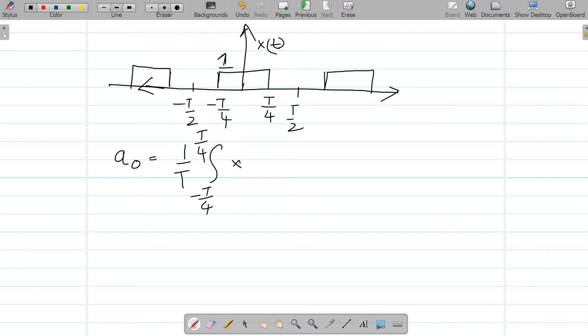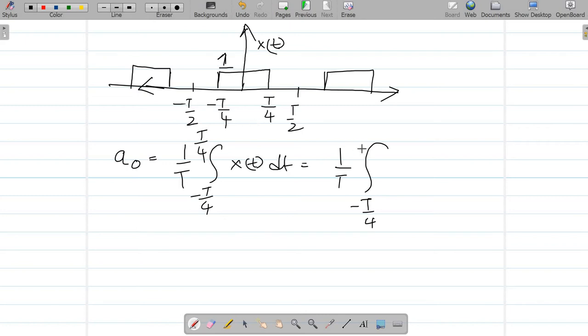So x of t dt, so this I can write as 1 by T, and I will put T by 4 because the signal is present only between negative T by 4 and positive T by 4. So I should have put T by 2, but from negative T by 2 to negative T by 4 there is no signal at all.